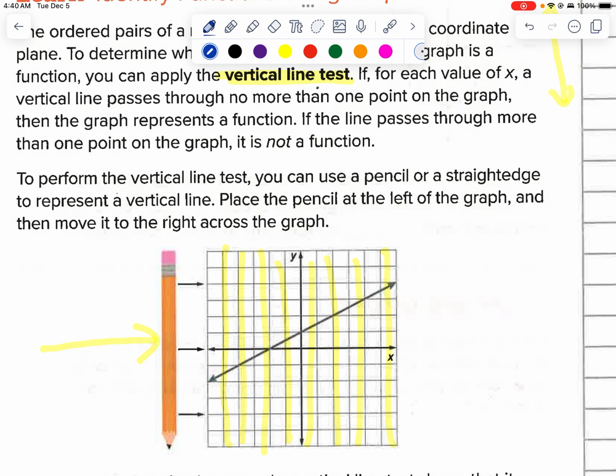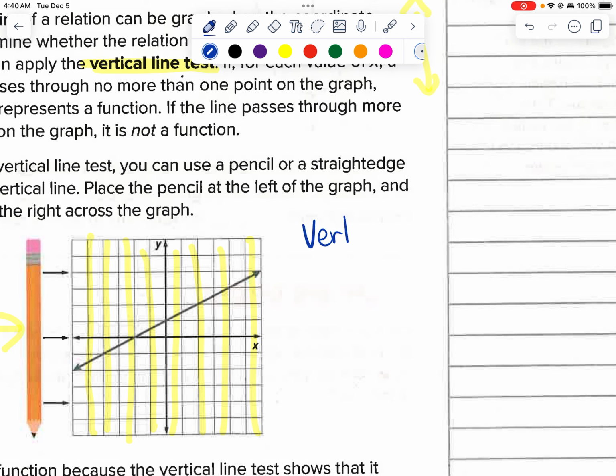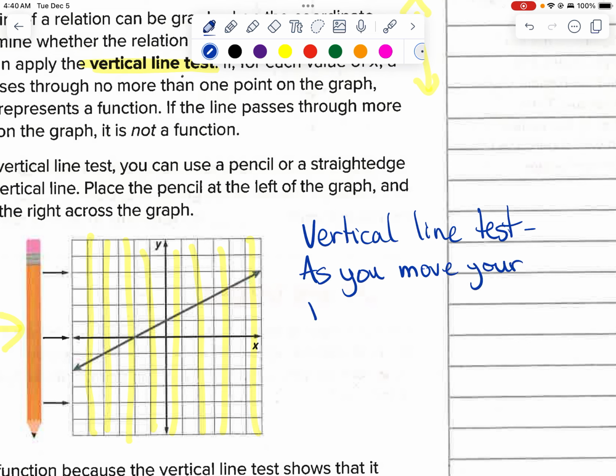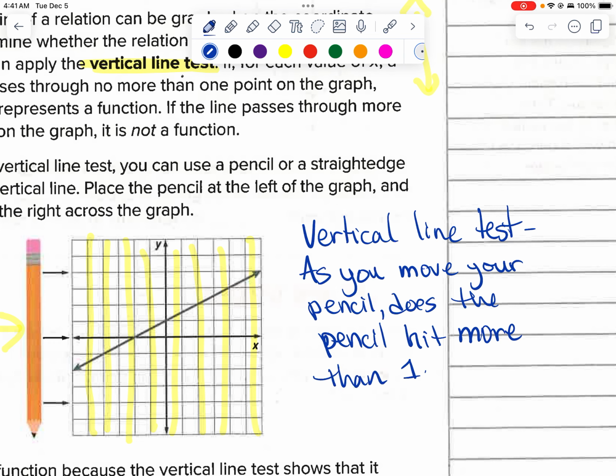Okay, so for a vertical line test, as you move your pencil, does the pencil hit more than 1 point at a time?